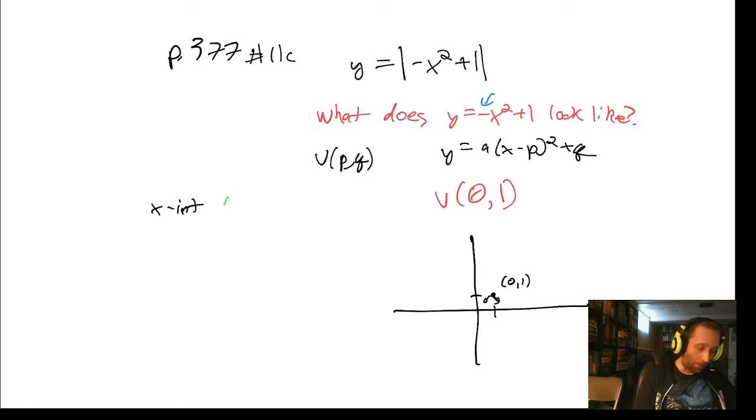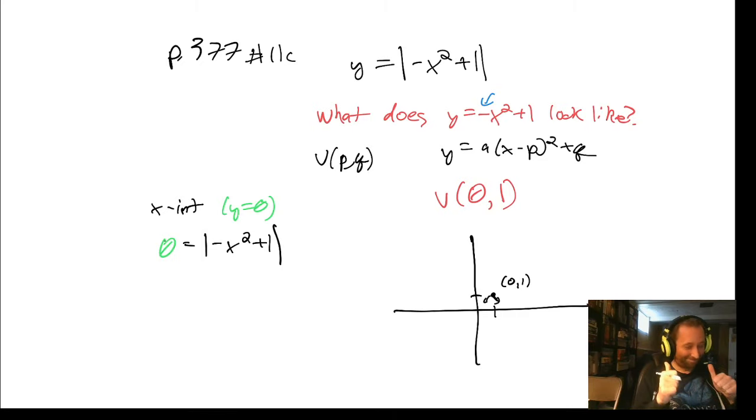So to find the x-intercepts, we make y equal to 0. So we have 0 equals the absolute value of negative x squared plus 1.